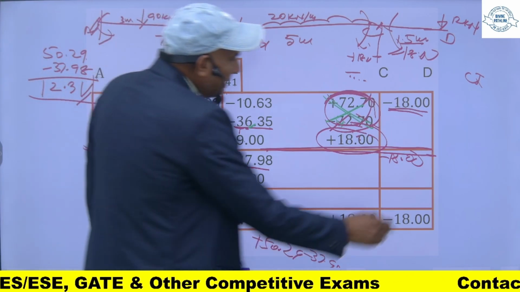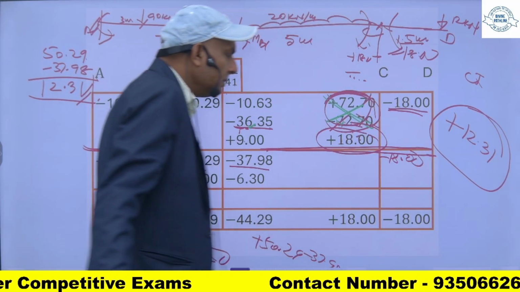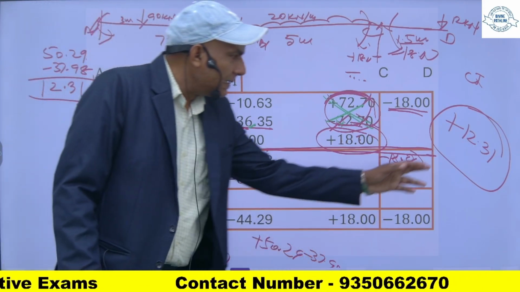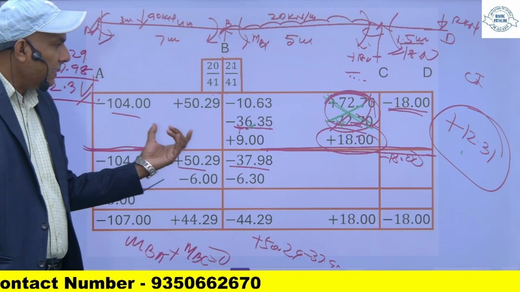So 12.31 is the extra moment. Plus 12.31 is the extra moment which is acting at this point.